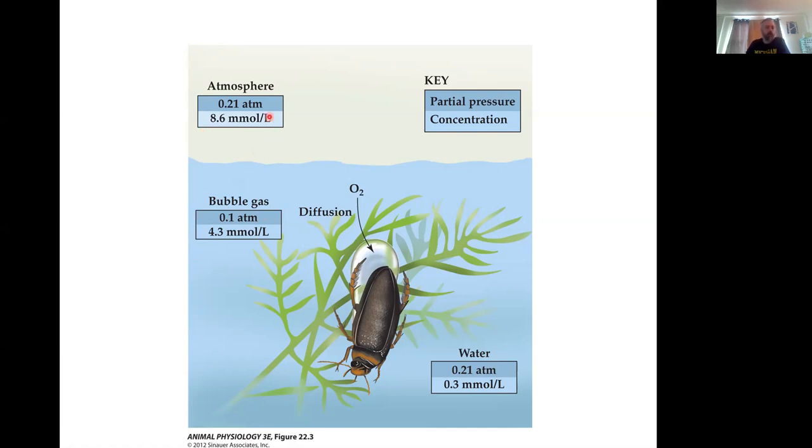This lowers the partial pressure of oxygen in the bubble to about 0.1, about half of it. Now, this 0.1 is significantly lower than the partial pressure of oxygen in the water. Concentration is higher, but partial pressure is lower. Because gases operate under pressure alone, oxygen will leave the water and enter this little bubble. So the beetle can continue to use this bubble long after it would normally have used up all of the oxygen in it, because it will continually refill.